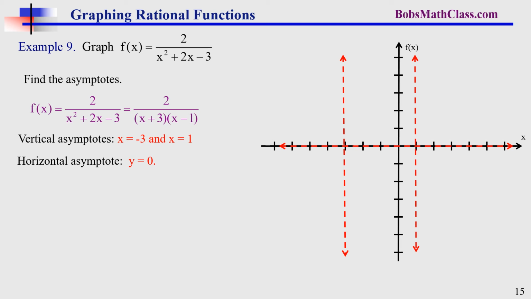To the left and right, pick 2 points. That's all you need. You need to know where it is to draw it in. Is it below the horizontal asymptote, or above the horizontal asymptote? However, in the middle, let's pick 3 numbers, because there's two things that can happen in the middle. You could either get a U shape or kind of an S shape or a cubic function looking graph.